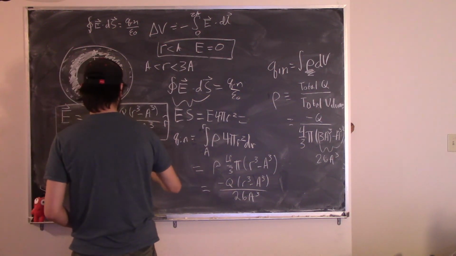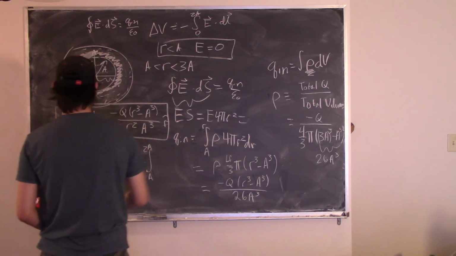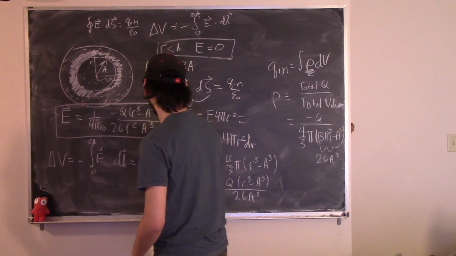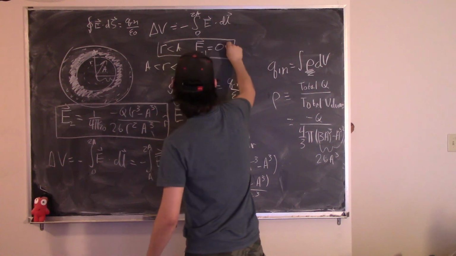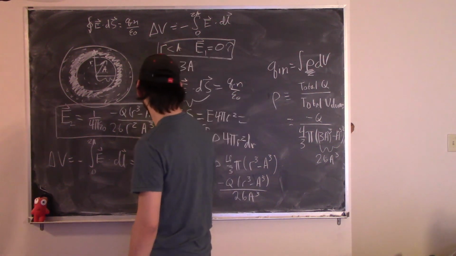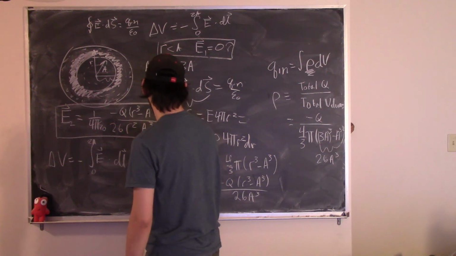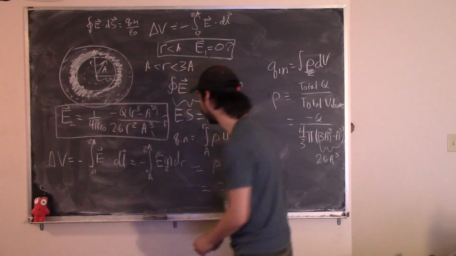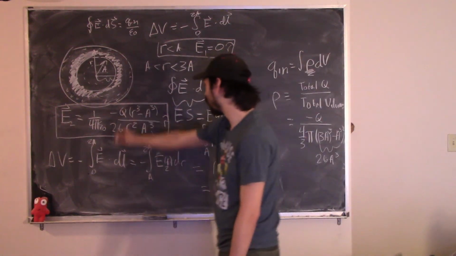So really this is just the integral from a to 2a of this function here. So I'm going to take this function, put it down here, and let's call this E2 and call this E1. This is E2 dot dr. Well, E2, which is a function of r, times dr. Okay. And then you can do this integral.